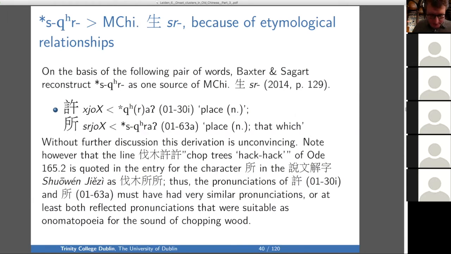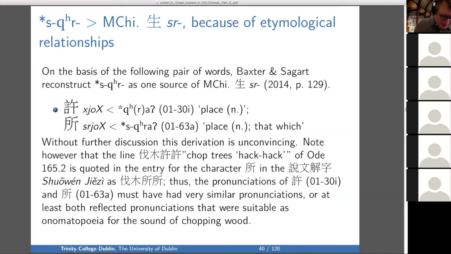But notice this line from the Odes, where we are chopping trees, and we say we chop trees, hack hack. Yeah, where the first character is used for the chopping sound, and then it's quoted in the entry for the character Swo, the second character, in the Shouwenjie with the second character in place of the first character.